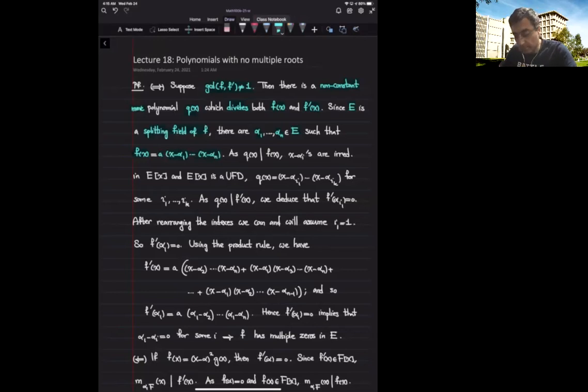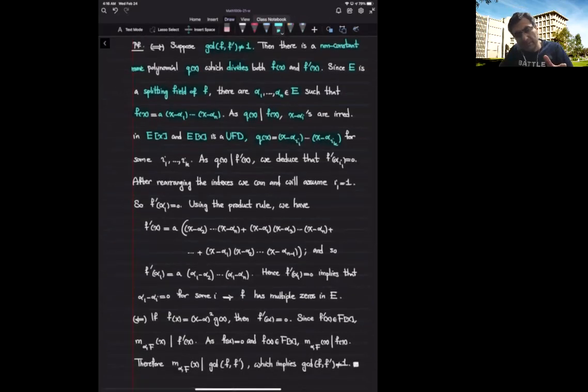But remember, this Q is supposed to be a divisor of f. And the x minus alpha i's are irreducible inside E[x], and E[x] is a unique factorization domain. That means that a divisor of f should be a product of some of these irreducible factors. And especially because I assume it's monic, I don't need to multiply it by some scalar. So altogether I get that Q of x is (x minus alpha i sub 1)(x minus alpha i sub 2) until (x minus alpha i sub k) for some indices.